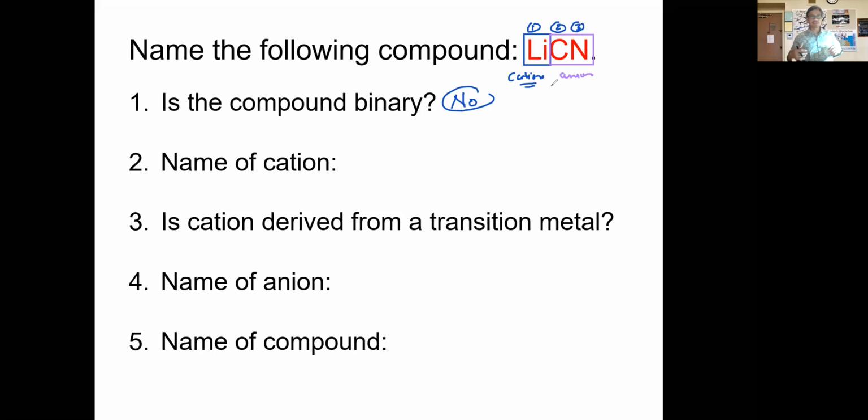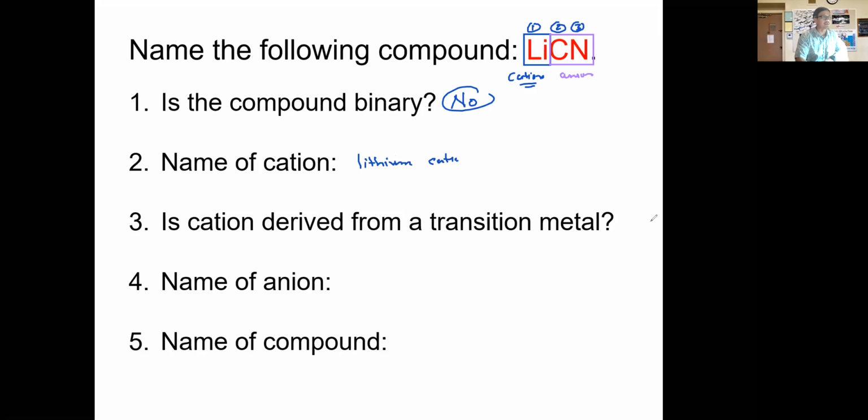So that's what you have to do. Identify the cation first, because that will be simple. The cation, again, will always be the metal in this compound, again with one exception, and we'll see that exception in just a moment. So the name of the cation is going to be the lithium cation.